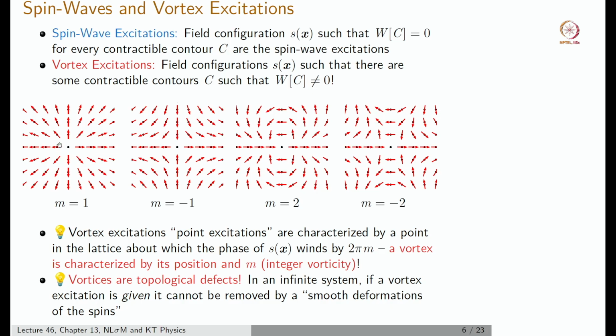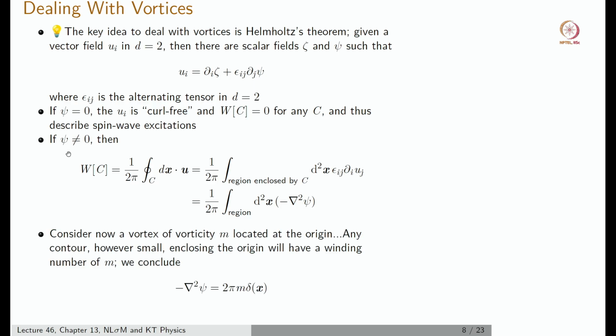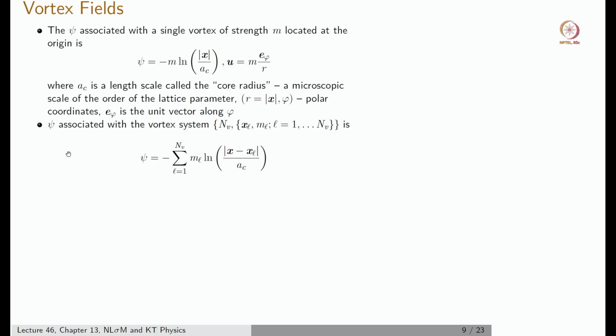But you realize that there will be some energy cost associated with some region in which we don't ask in the continuum what we are doing. So we isolate that region and we call it the core radius, and this a_c is actually the core radius. Okay. So this is the psi field associated with a single vortex of vorticity m located at the origin.